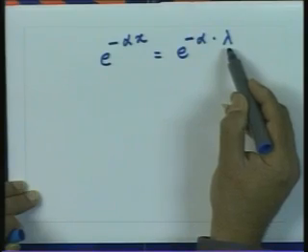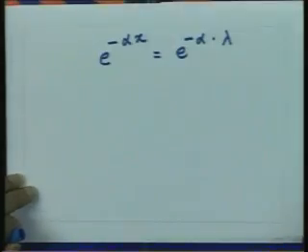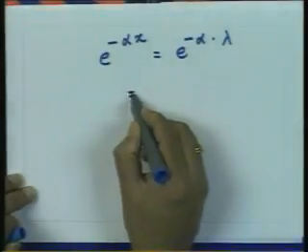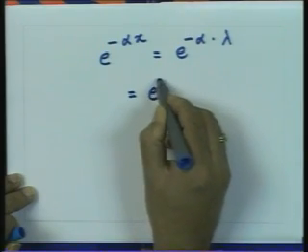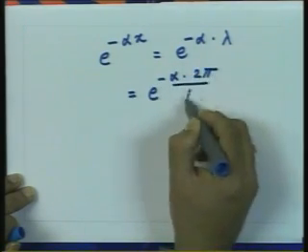Substituting for lambda, which is beta divided by 2 pi from the previous relation, lambda is 2 pi divided by beta. I get e to the power minus alpha into 2 pi divided by beta.